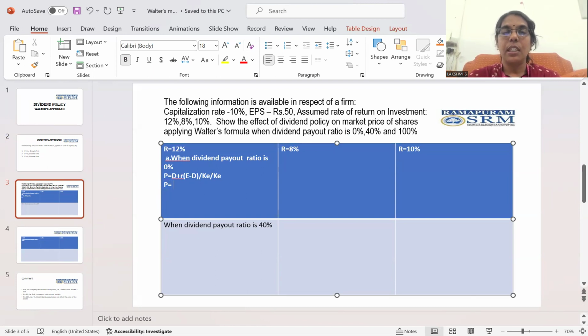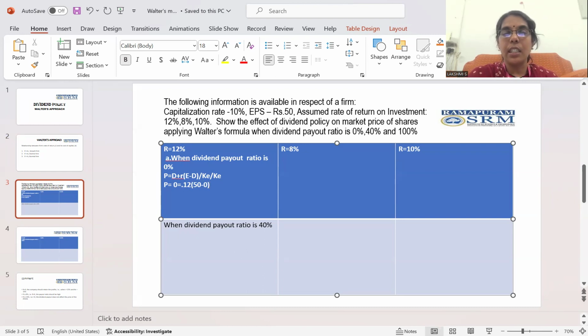Now we are going to calculate the market price of the share. P equals the dividend, calculated on EPS, 50 into the dividend payout ratio, which is 0. So 50 into 0 by 100 is 0, plus the rate of return, 12%, 0.12, into the earning per share 50 minus the dividend, again 0, divided by KE.